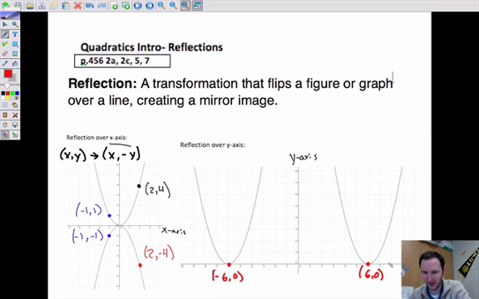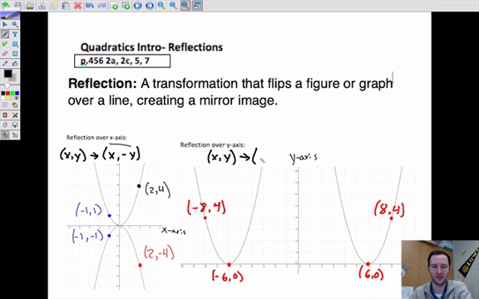Okay, I can look at another example here. (8, 4) reflected all the way over to here and went from (8, 4) to (-8, 4). And so what you see with a y-axis reflection is that (x, y) becomes (-x, y). Okay.